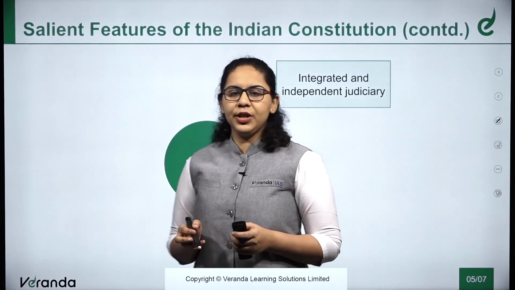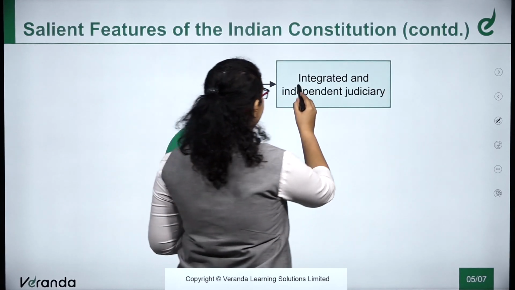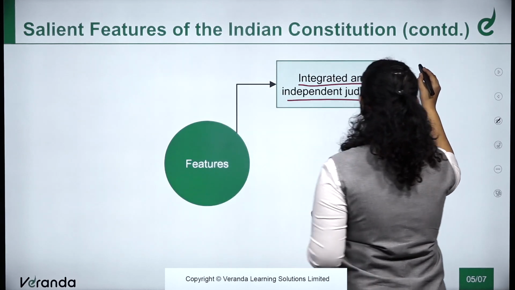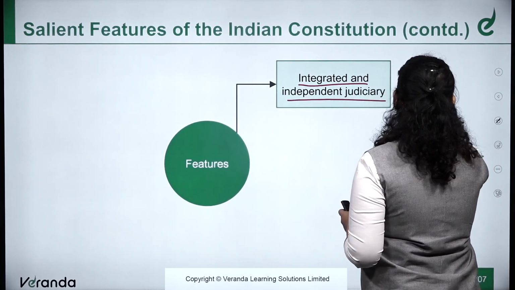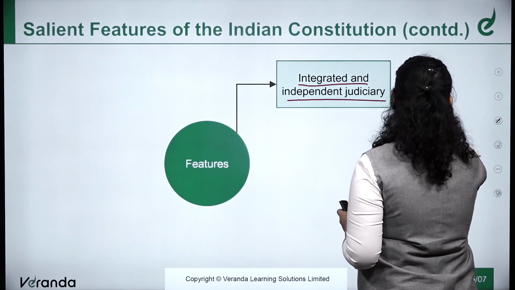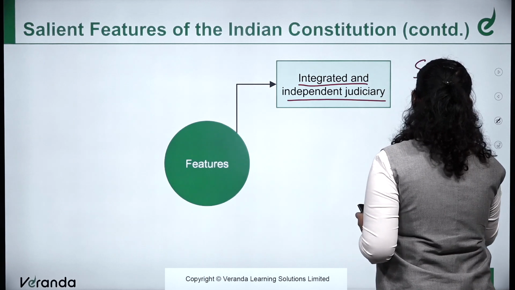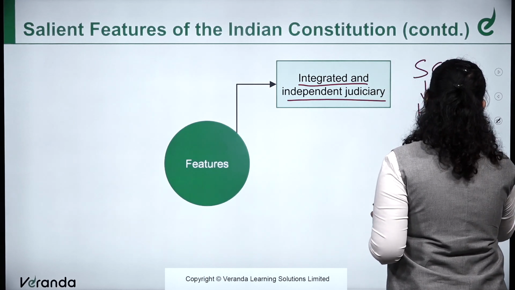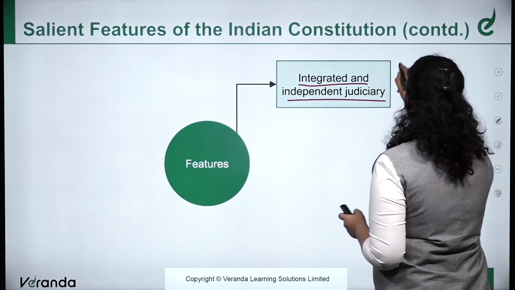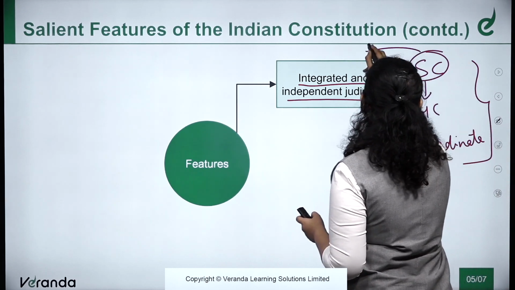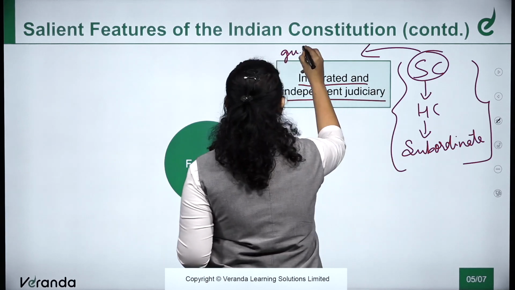Next important feature is integrated and independent judiciary. What does it mean? Though we have an integrated judiciary, they are also independent in nature. Independent in nature means the Supreme Court is the guarantor of fundamental rights.